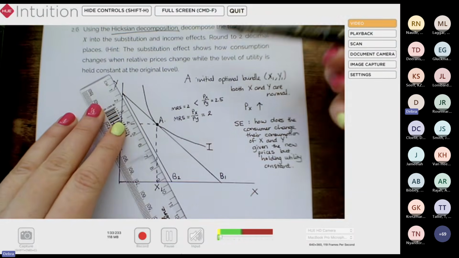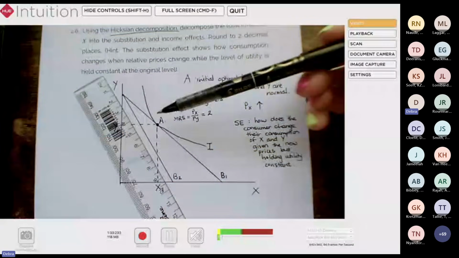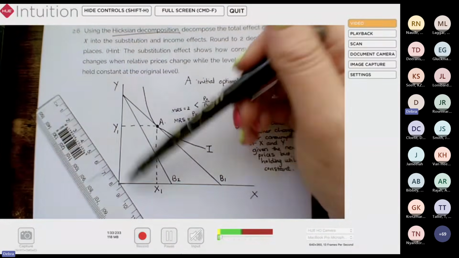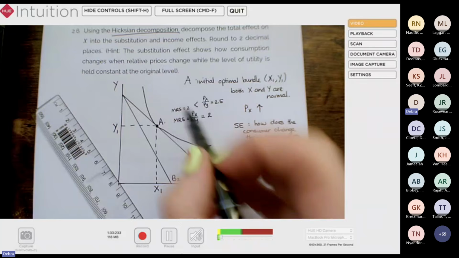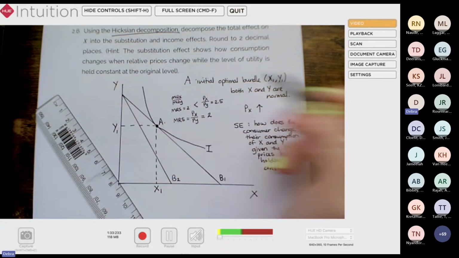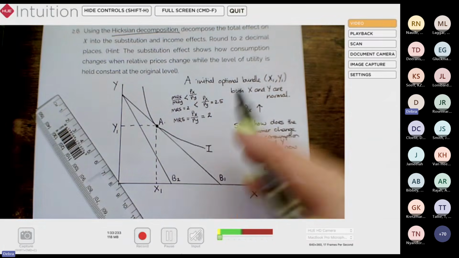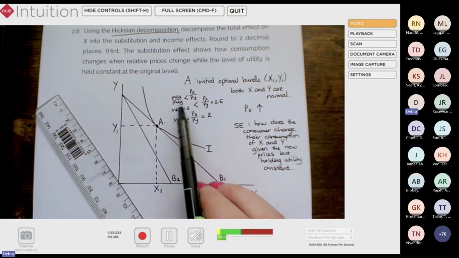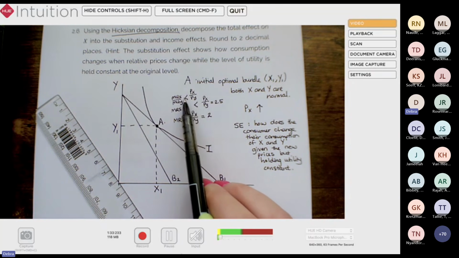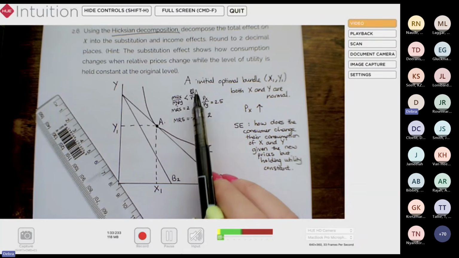So that means that if the MRS is smaller than the relative price, we would substitute away from X towards Y. And the way that I reason through this is as follows: if the MRS is also the MUX over the MUY, and this MUX over MUY is smaller than the price of X over the price of Y at A, that would imply that the marginal utility of X divided by the price of X is smaller than the marginal utility of Y over the price of Y. So if I had to swap the price of X and the MUY, just like I was doing earlier in this revision, if the MUX over the price of X is smaller than the MUY over the price of Y, that means Y is now more attractive.